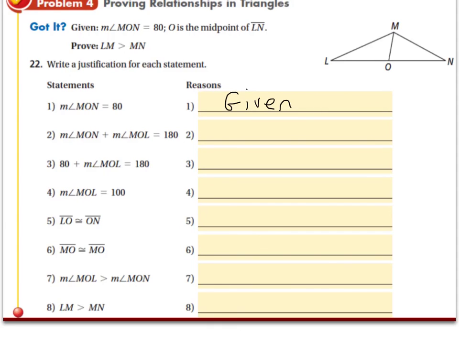I also know that the measure of angle MON plus the measure of angle MOL equals 180, because those are supplementary angles. So 80 plus the measure of MOL equals 180, that's substitution. And finally, the measure of angle MOL is 100, that's the subtraction property.